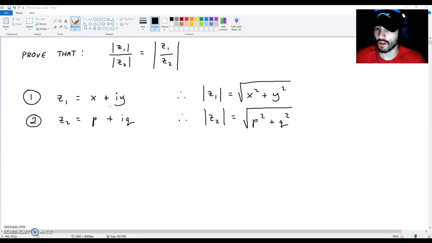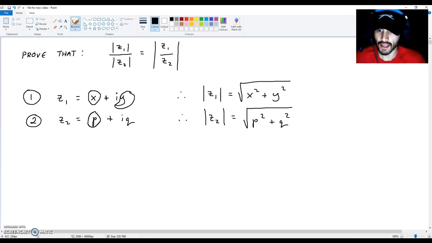Now, in this complex equation, x is going to be a real number and y is going to be a real number. Because this is the case, the magnitude of Z1 is going to be equal to root x squared plus y squared. Similarly, we have Z2, which is equal to p plus iq.